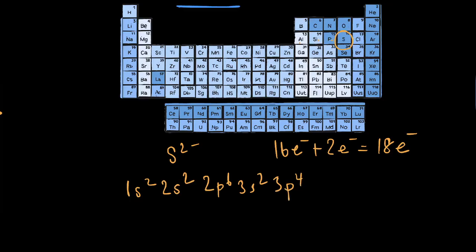And this gives us 2 plus 2 plus 6, which is 10, plus 2, 12, plus 4, 16. But you'll remember that this is a sulfide ion that we're trying to find the electron configuration for. And that means we have 18 electrons, right? And so this is not the electron configuration that we're going to be looking for. Rather, it would be 3p6. So this is the electron configuration of our sulfide ion.